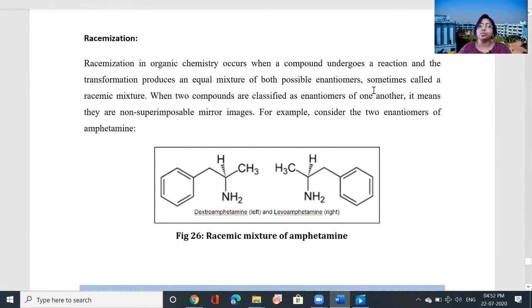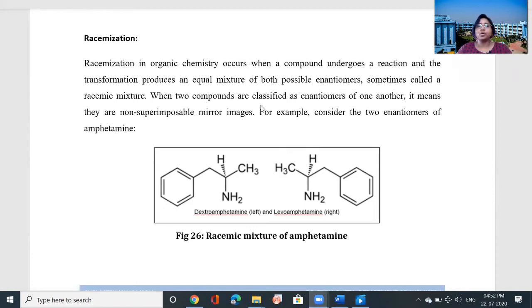So you know what enantiomers are. Can you remember what enantiomers are? Enantiomers are mirror images, but they are non-superimposable. So these isomers are non-superimposable mirror images. Okay.